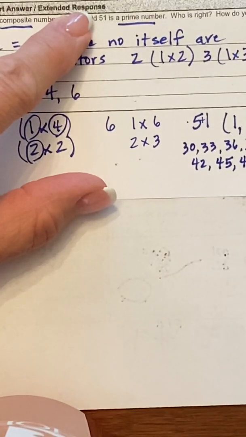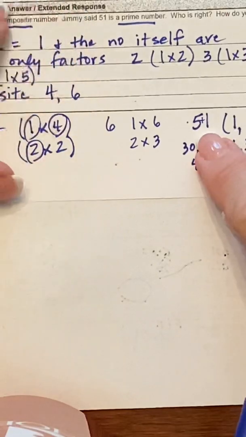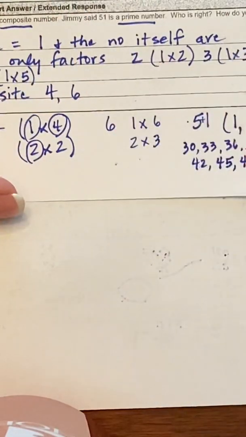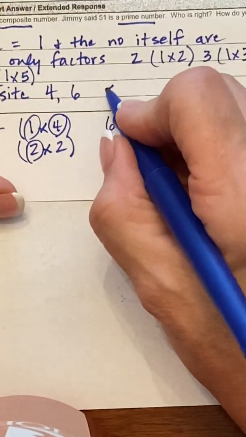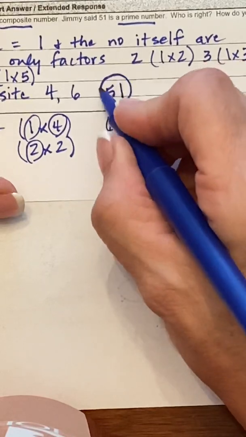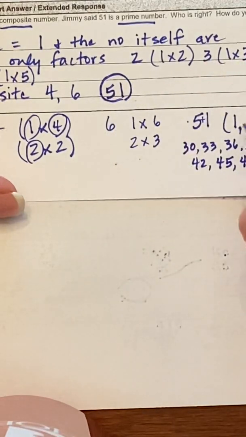So 3 times how many? 18. Yep. 3 times 18 is 51. I know your gut instinct was to put it up here with prime, and it was mine too, but 51 is composite. So we need to go ahead and put that one right there because it has at least 4 factors. I hope that makes sense.